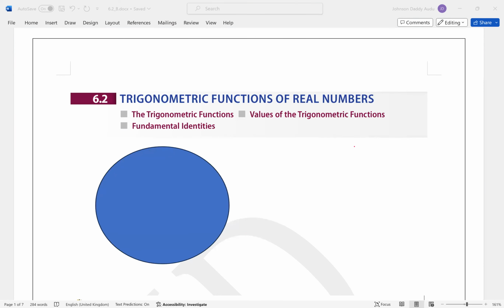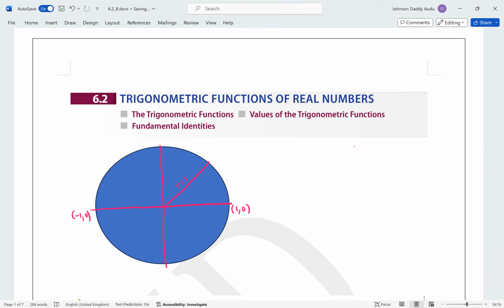So we consider the unit circle. Now the radius is 1, so this point is going to be (1, 0) and this is going to be (-1, 0). The radius is equal to 1.